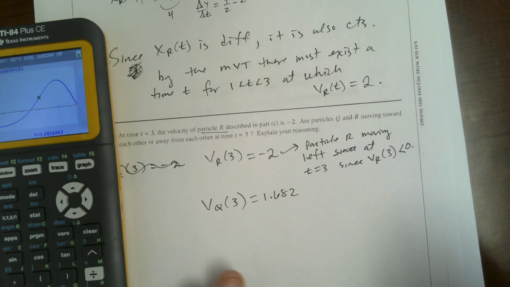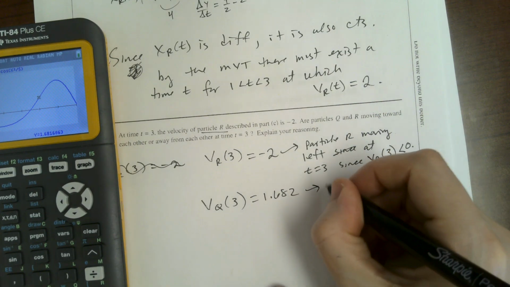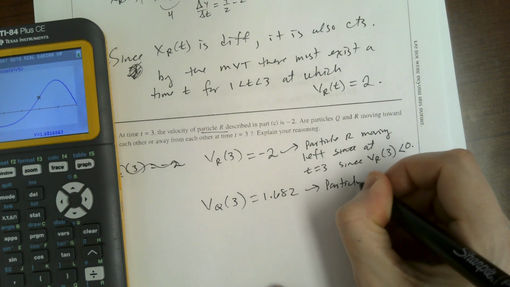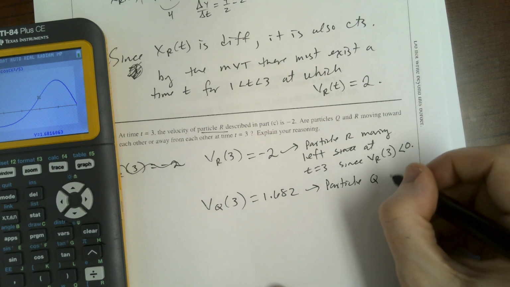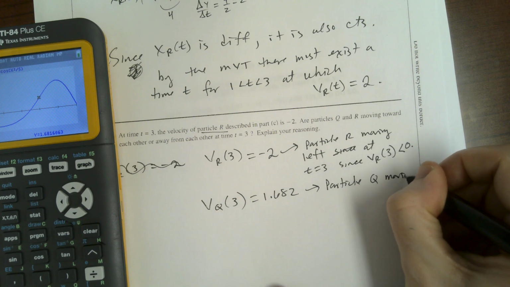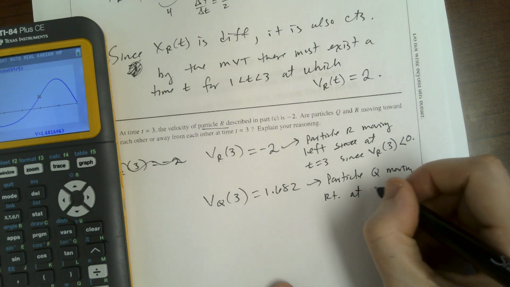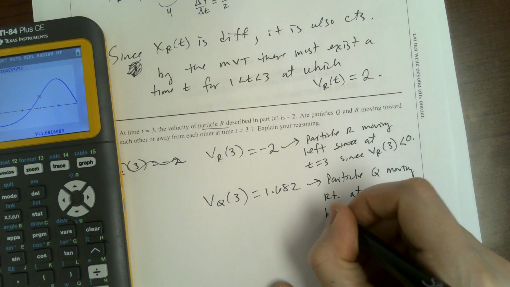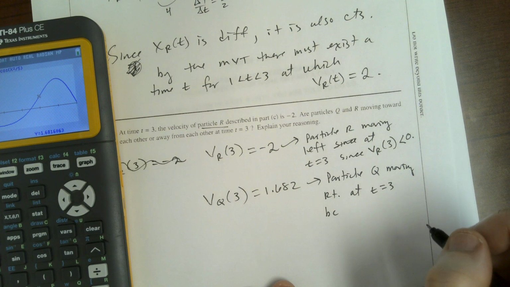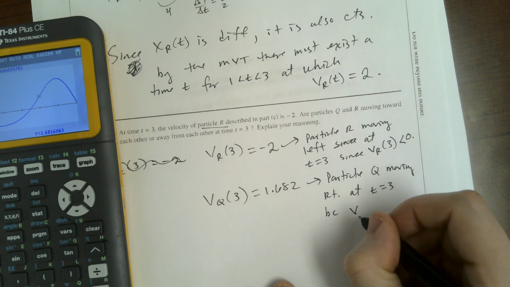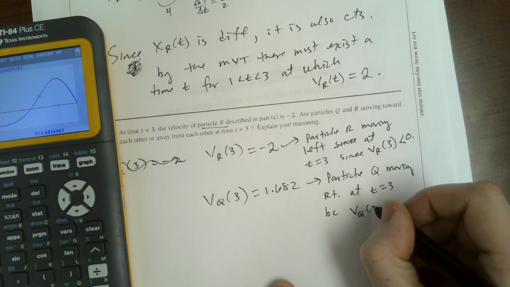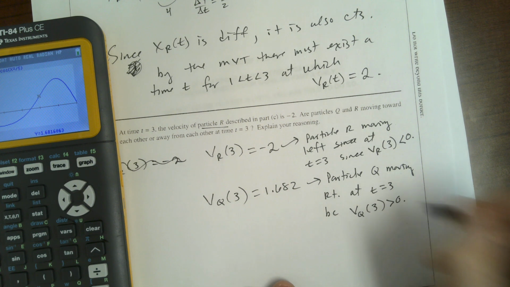Okay, that's positive. Okay, so particle Q moving right at t equals 3 because v sub q of 3 is greater than 0.